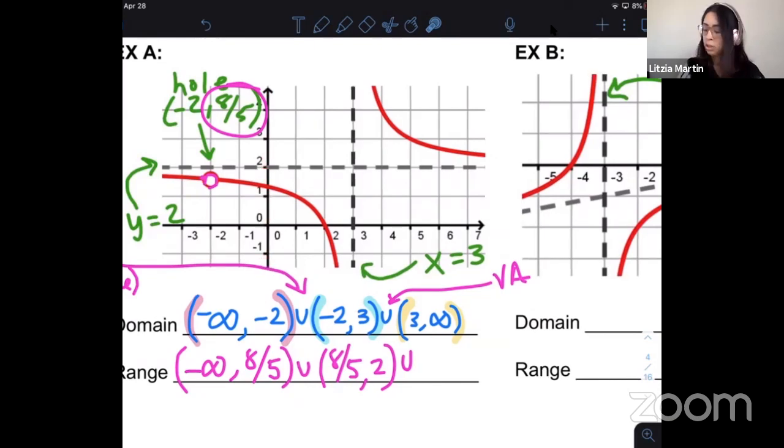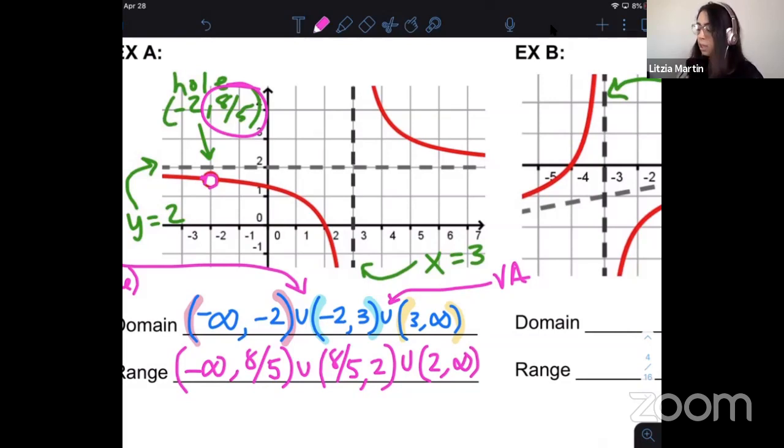So the y values stop over here, but they pick up over here. So the only value they're skipping over is 2, and then it's picking up and going up to positive infinity. So it's going from 2 to positive infinity, like that. And that is our range.